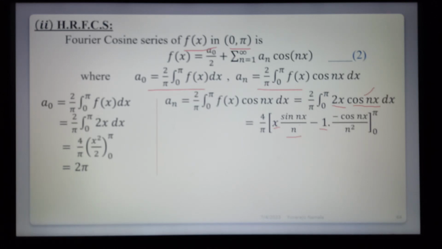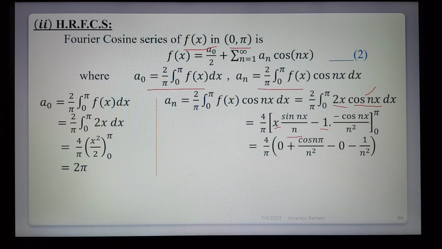Limits apply 0 to pi, 4 by pi: upper limit sin n pi is 0, minus into minus plus cos n pi by n square, lower limit 0, sin 0 is 0. So minus into minus plus into minus, formula minus 1 by cos 0 is 1 by n square. So that is equal to 4 by pi n square into minus 1 power n minus 1. This is the an value.